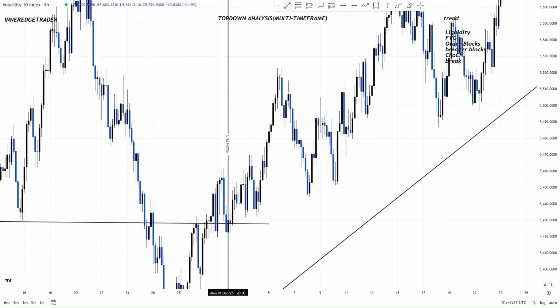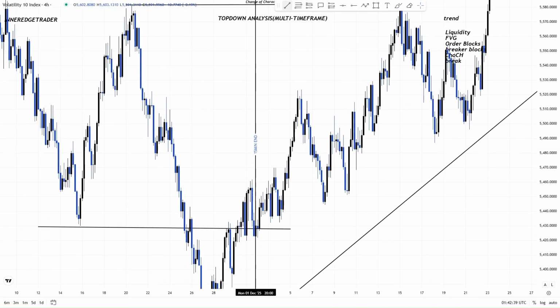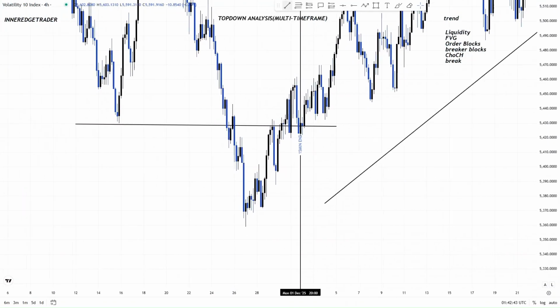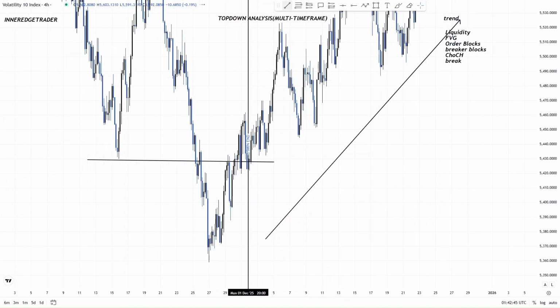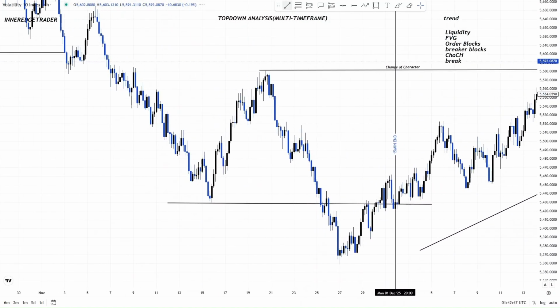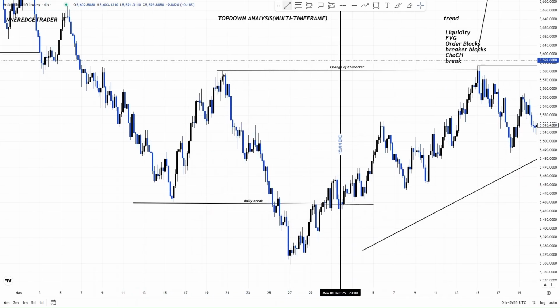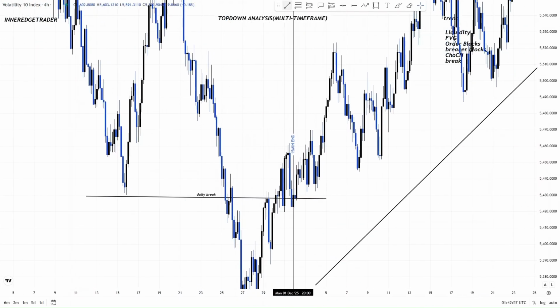Now on the 4 hours time frame, you can notice after this daily break, the market did something.